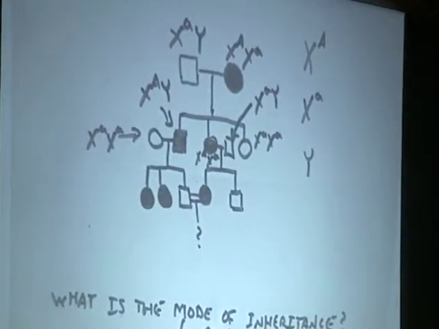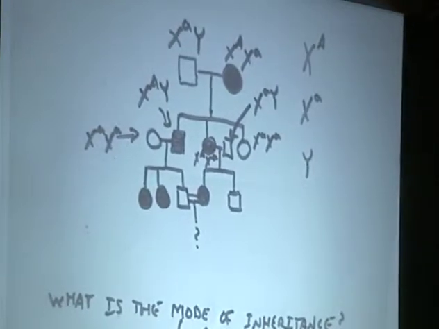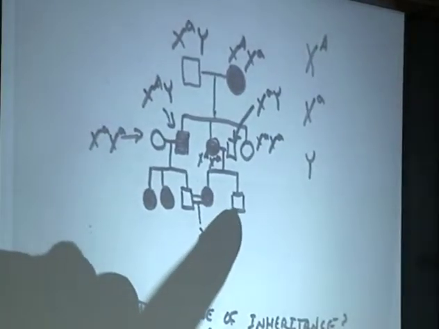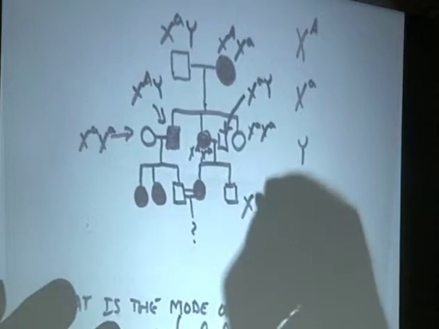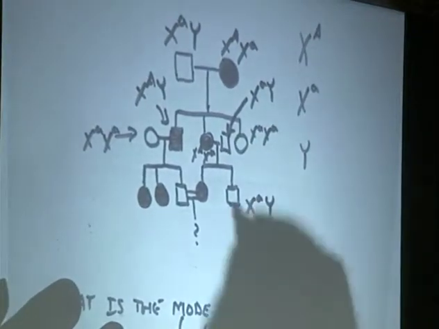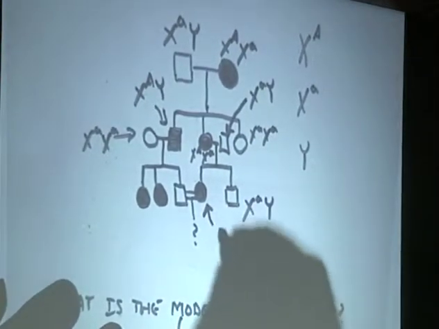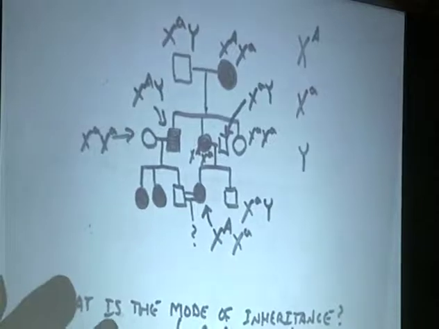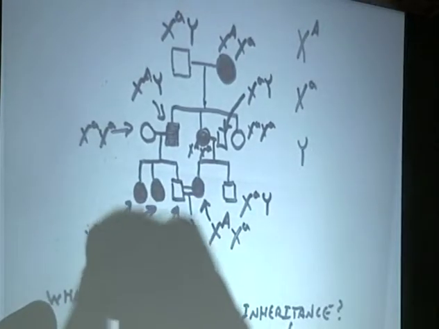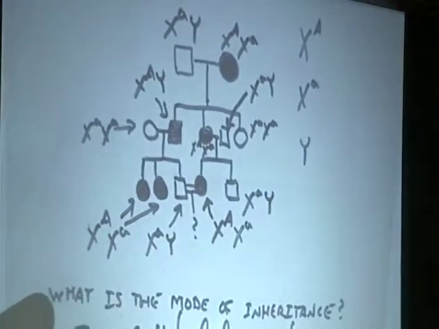Okay, so now we can do the next generation. This male must be X little a, Y. He does not show the trait. This affected female picked up the dominant allele from her mother, but the recessive allele from her father, so she's heterozygous. This male that's unaffected must be X little a, Y, and then these two females are both X big A, X little a.